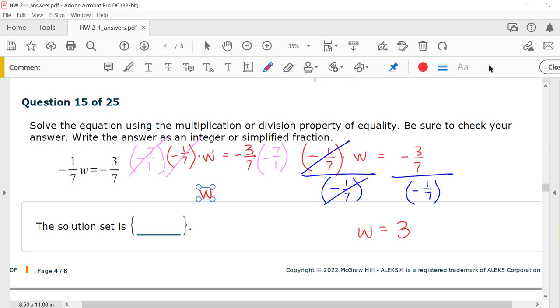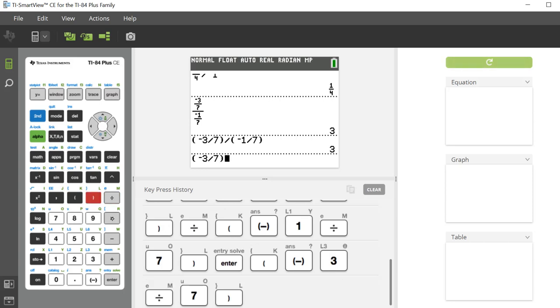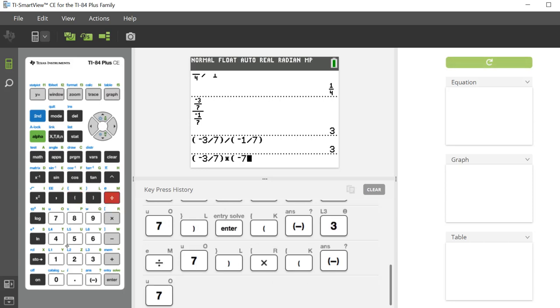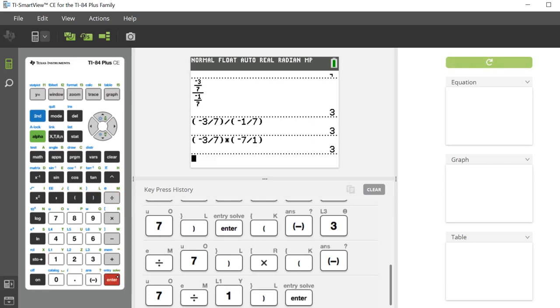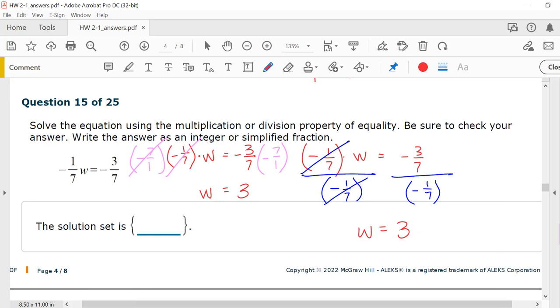I get w equals, and in the calculator, negative 3/7 times negative 7/1 is 3.